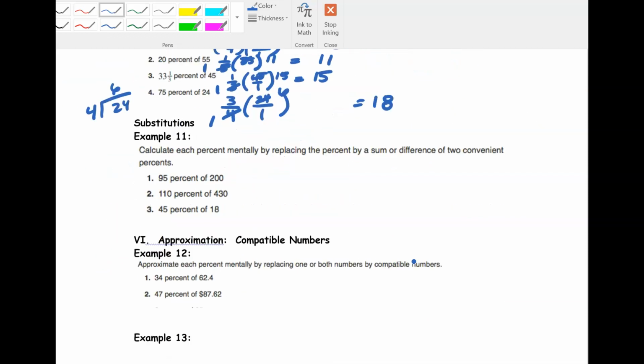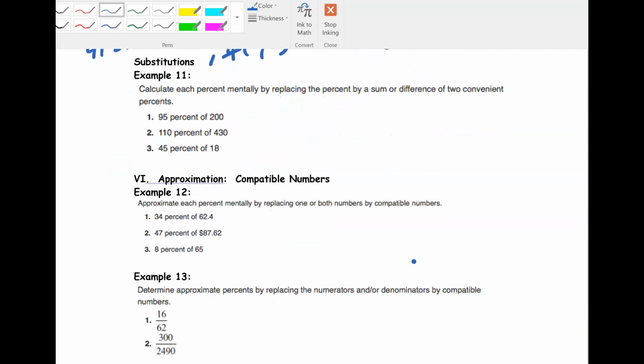So this next part, substitutions: calculate each percent mentally by replacing the percent by a sum or difference of 2 convenient percents. So what you could do for this one, 95% of 200, what I would probably do is think about what 5% is of 200 and then just take that off.